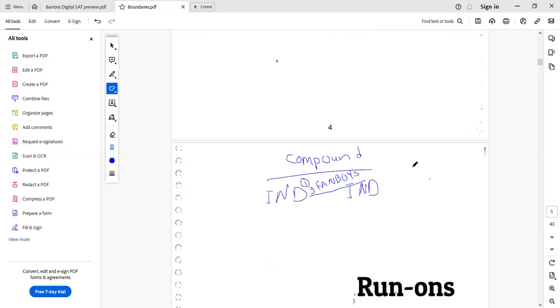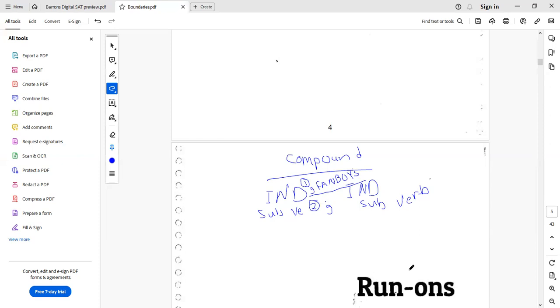If we have two independent clauses, meaning subject, verb, comma, conjunction, subject, verb. I make it as a song: subject, verb, comma, conjunction, subject, verb. Only this? No. The second case, you can put a semicolon between them. So we can put independent, semicolon, independent?